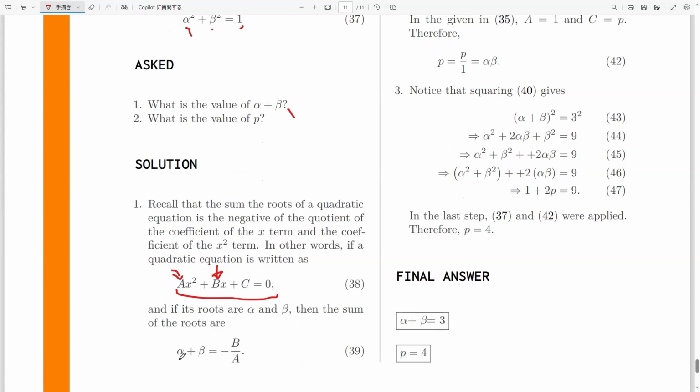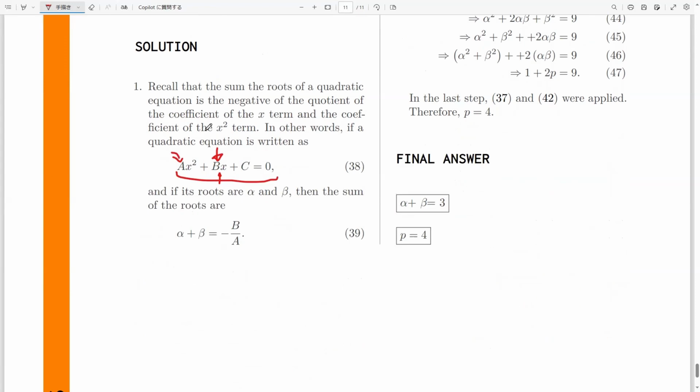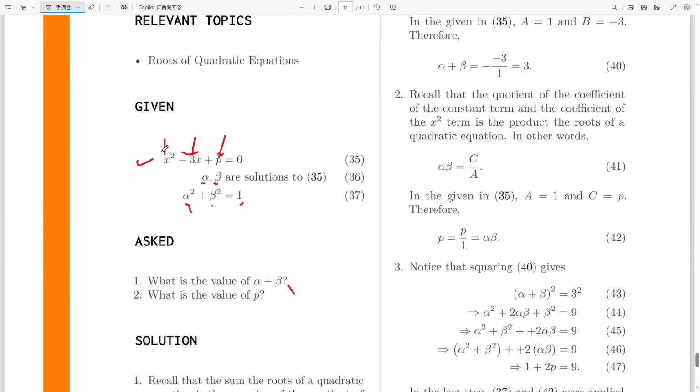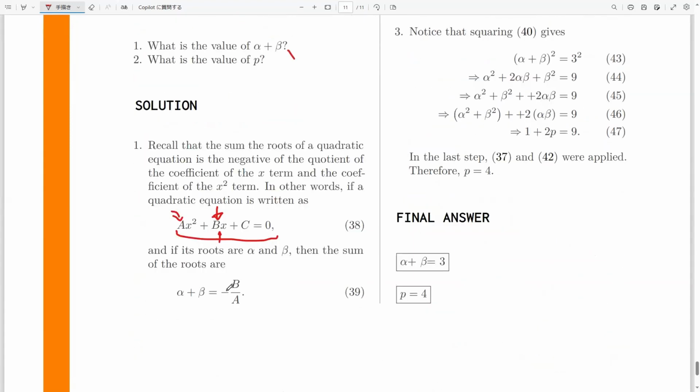And in our given, b is the coefficient of the x term, and we know that is -3. And a is just the coefficient of the x squared term, that's 1.